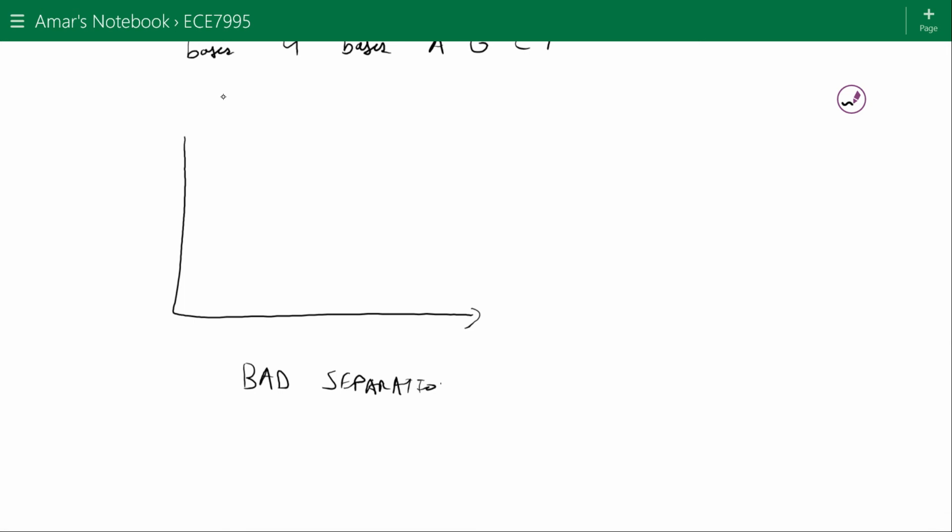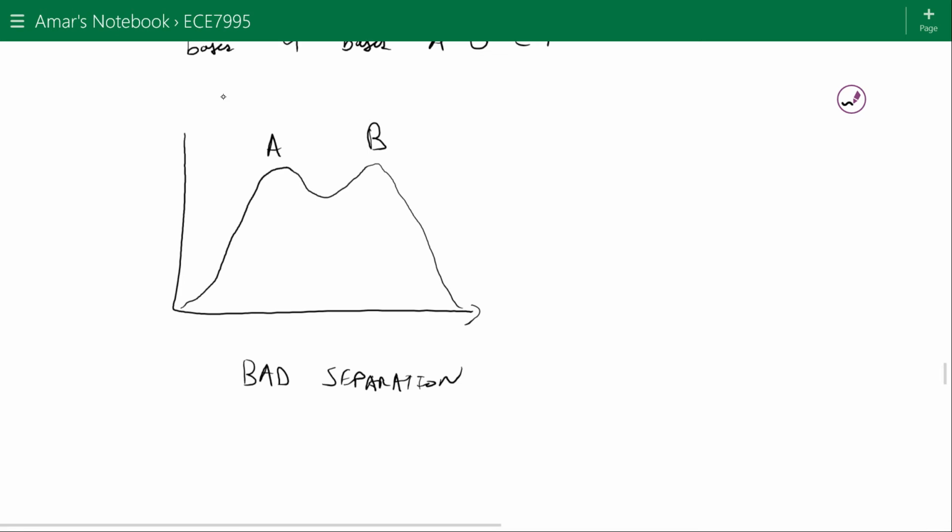You want to separate out all your molecules in time. So a bad separation would be something like this, where you have two peaks that sort of overlap. Let's say this was component A and this was component B. They didn't separate completely in the electrophoresis device. So this is also called co-eluting, where two different size molecules, instead of coming out at different times, come out at roughly the same time. So now you don't have a very good separation.